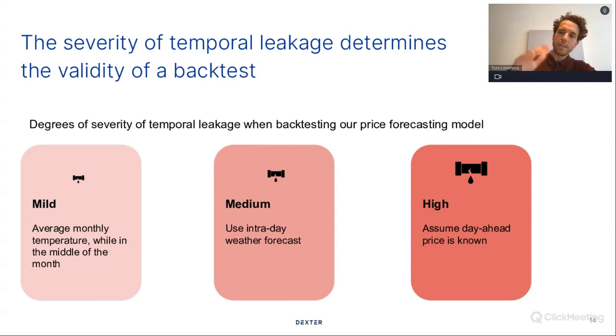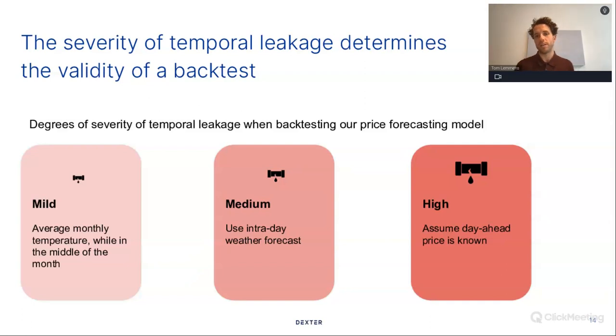So for these different degrees of severity, I want to show you some examples for our day ahead example again. First is a pretty mild form of leakage, which is if you use, in your day ahead forecast, the average monthly temperature while you're still in the middle of the month, right? So you use the average temperature of the calendar month, but you're only halfway in, so half of the data is still unknown.